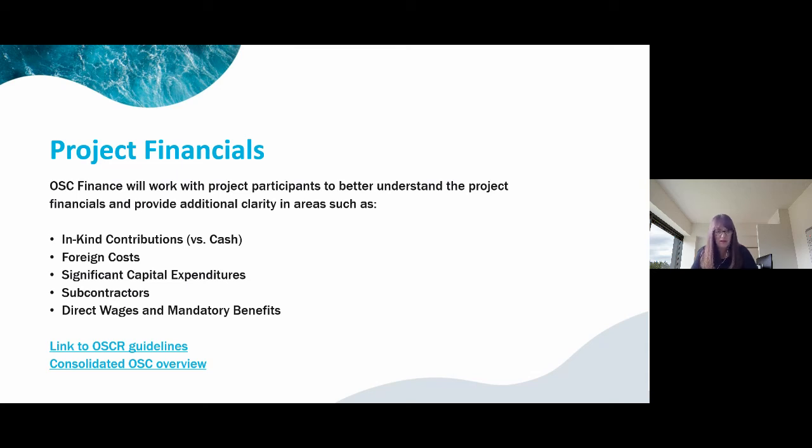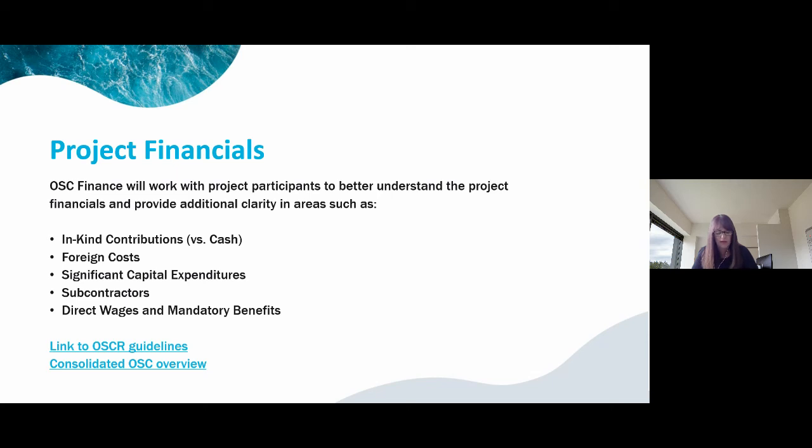Some examples of in-kind contributions could be the use of ship time, materials and supplies that are incremental to the project that would have otherwise had to be purchased, or workspace that is incremental to the project that you would otherwise have had to rent.